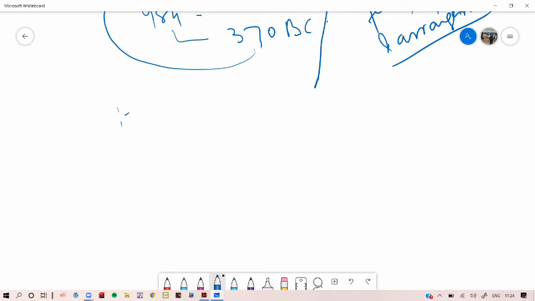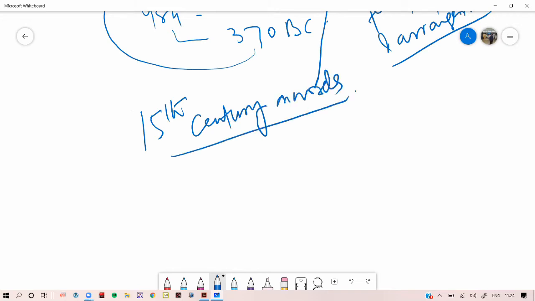From the 15th century onwards, chemistry actually played a role. It played a role by the discovery of the gas laws.